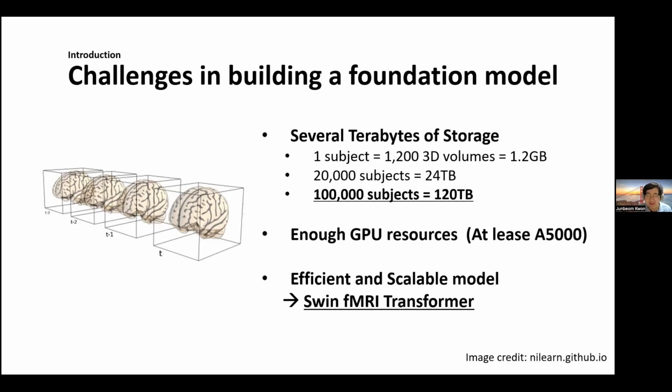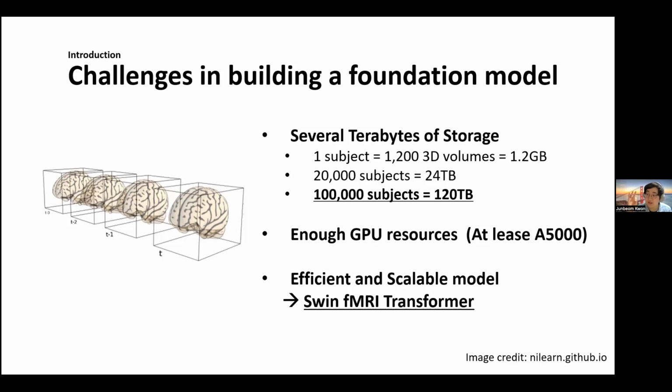It does not mean that I have 100,000 data sets for now, but we imagine that we can collect that amount of data if we aggregate the resting state and task fMRI from the UK Biobank dataset.